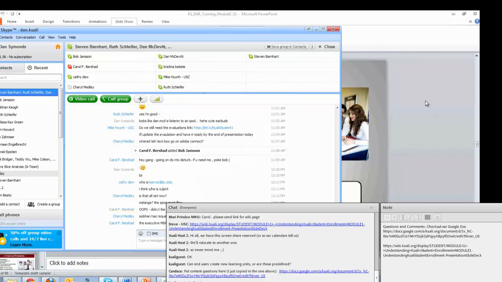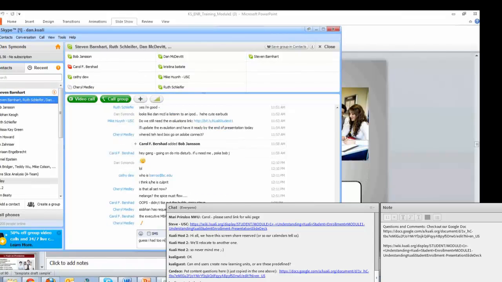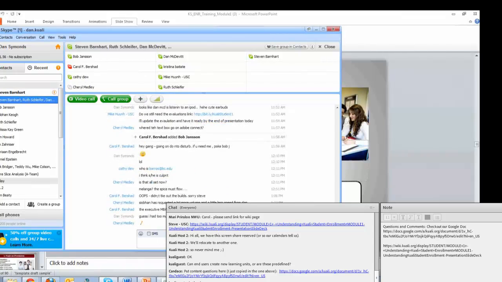What's going to happen after the break, and again, everybody, please stay connected so we don't have to spend 10 minutes getting everybody reconnected, is Steve Barnhart is going to walk through the 10 functional areas of enrollment that we've identified and give you a sense of what's included in these areas, because some of them are self-evident. Other ones probably need a little more explanation.